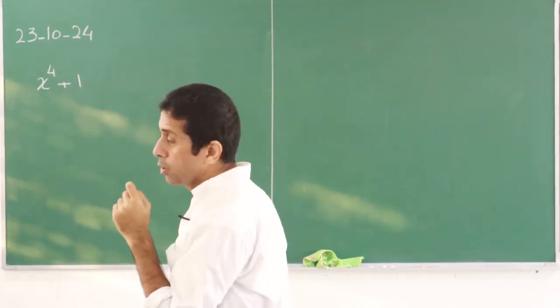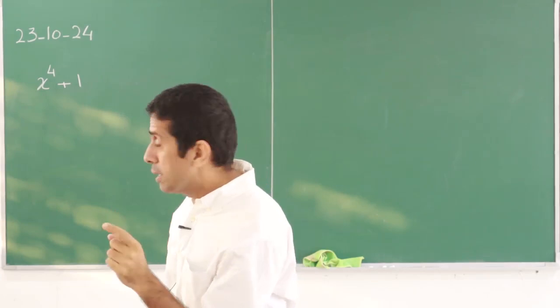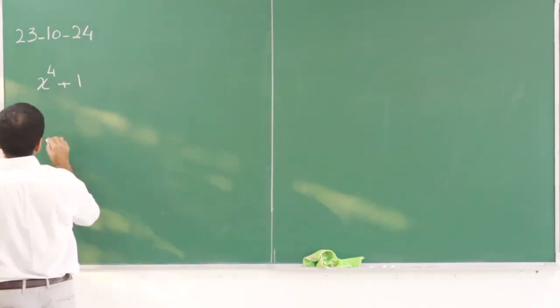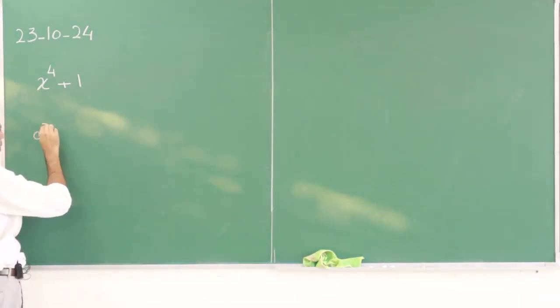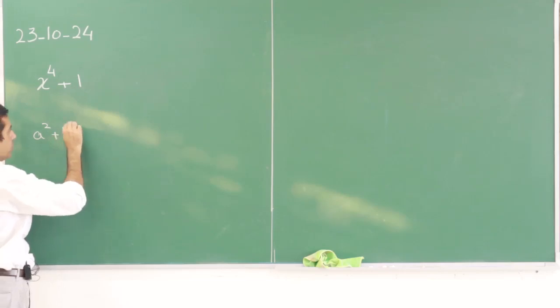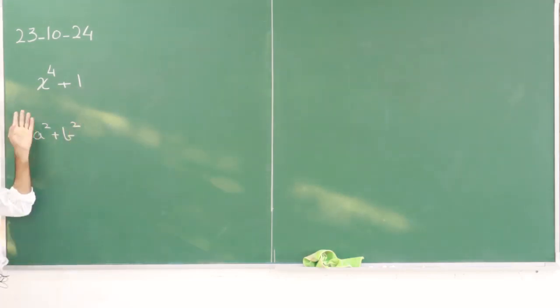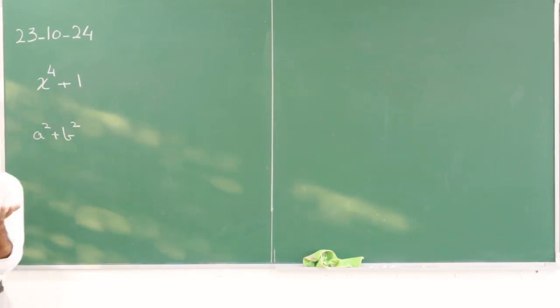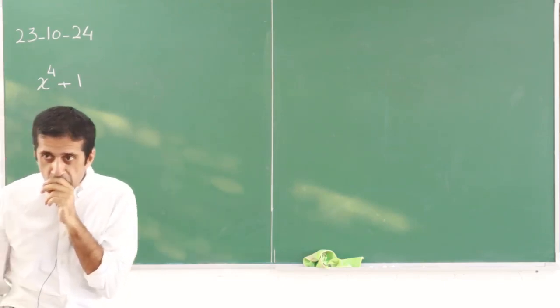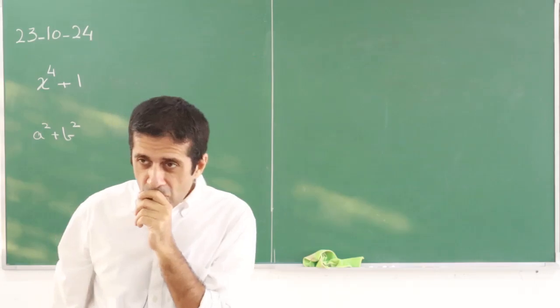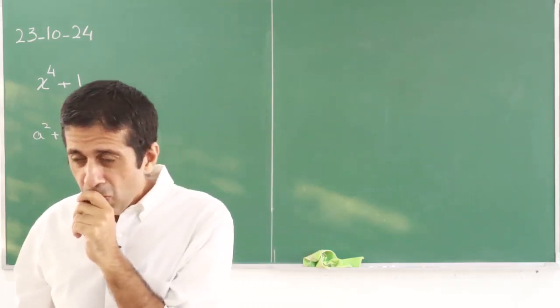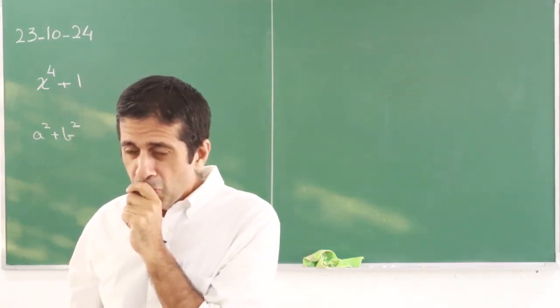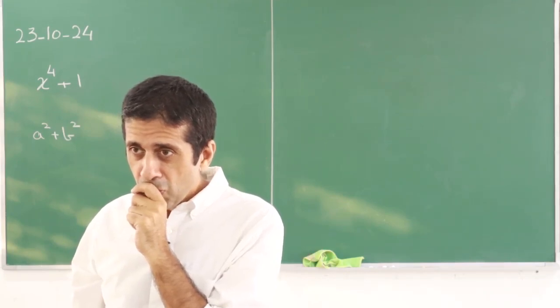You thought of it in the form a squared plus b squared, okay? So this would be like x squared squared plus 1 squared, okay? Then I multiplied 1 with the, like I did x squared minus 1 times 1 squared.